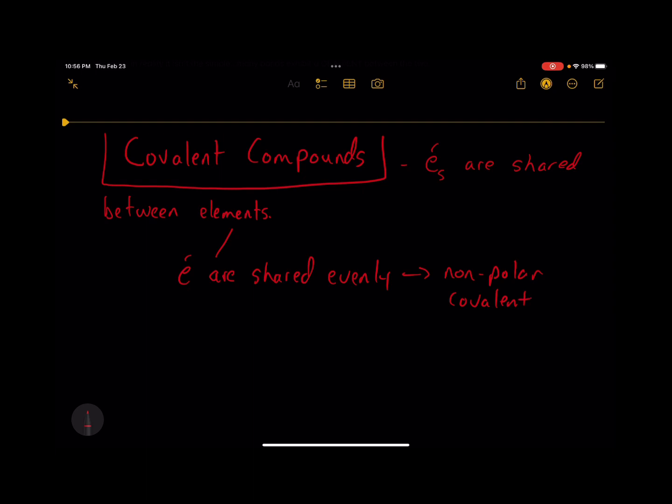And what that means is that the compound itself isn't polarized. Or more specifically, if they're shared evenly, there's an even distribution of charge, okay?